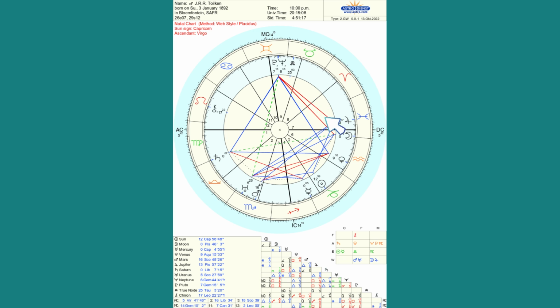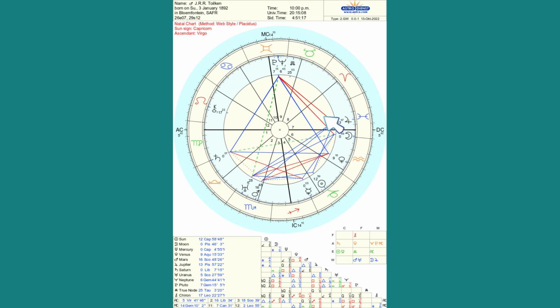His moon sits in the 6th house in the sign of Pisces at 0 degrees, which is a critical degree. And then his sun sits in the sign of Capricorn in his 5th house.